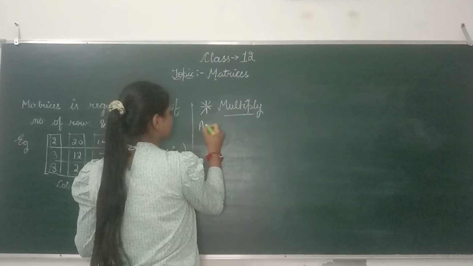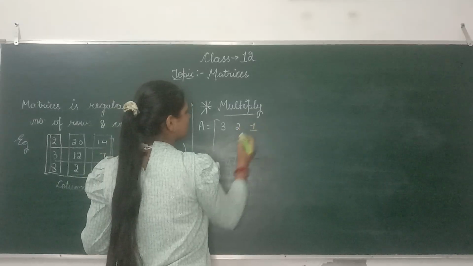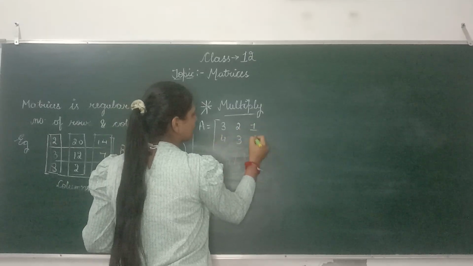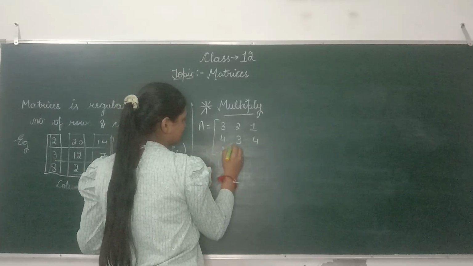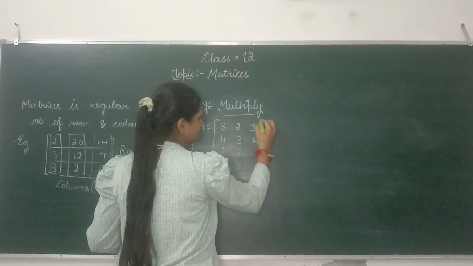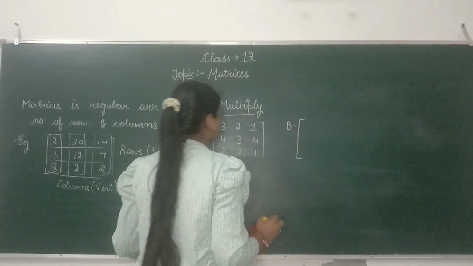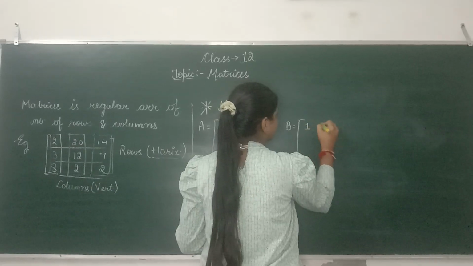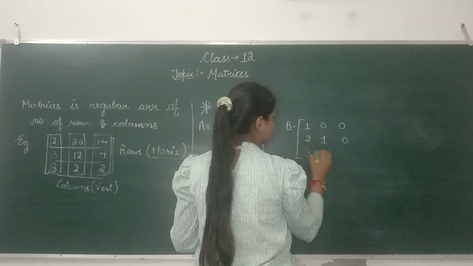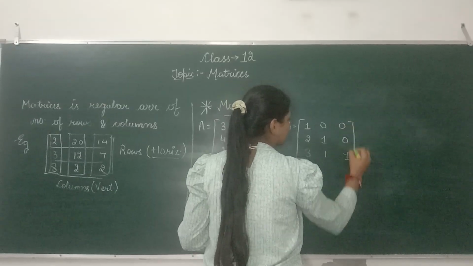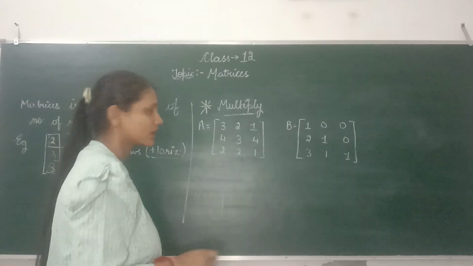Again, suppose the A matrix is given to be 3, 2, 1, 4, 3, 4, and the B matrix is given to be 3. These two matrices are given, and now we have to multiply.